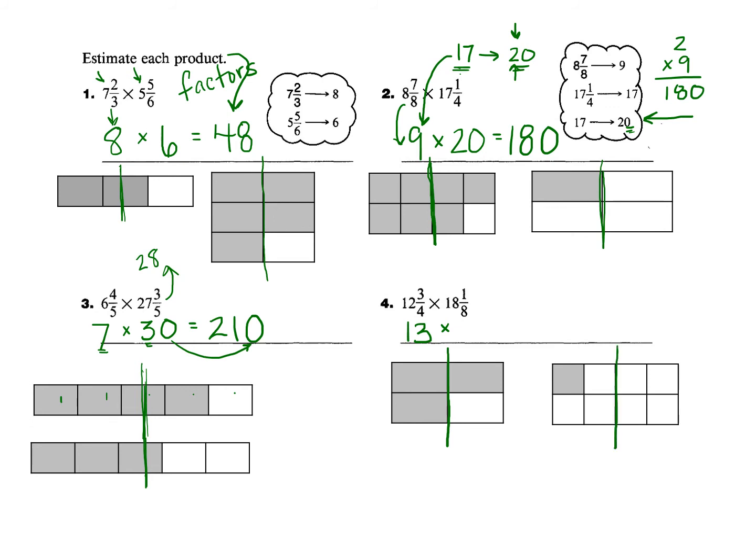So this would round to 18. Now these are not compatible numbers. So what would be compatible? Well, I can change the 13 to a 10 and the 18 to a 20. And that would equal 200. Next question.